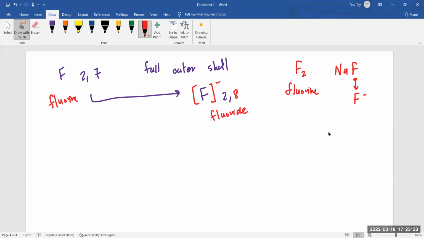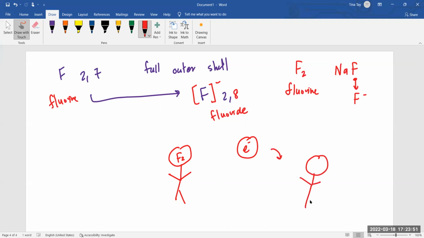All right, now, we pretend fluorine is playing basketball. Electron is the ball. When it hasn't received the extra electron, it's a fluorine molecule. When it has received it and has an extra electron, now it's a fluoride ion.